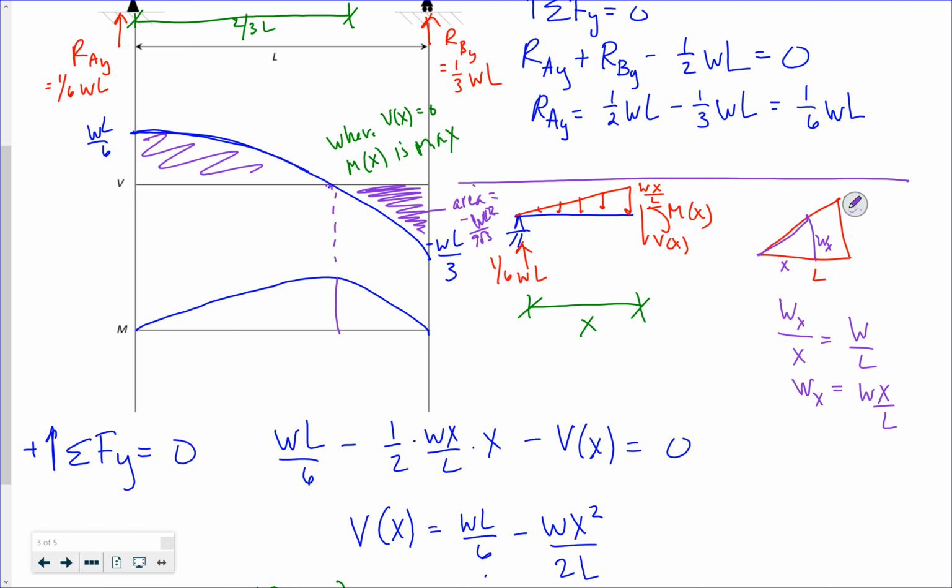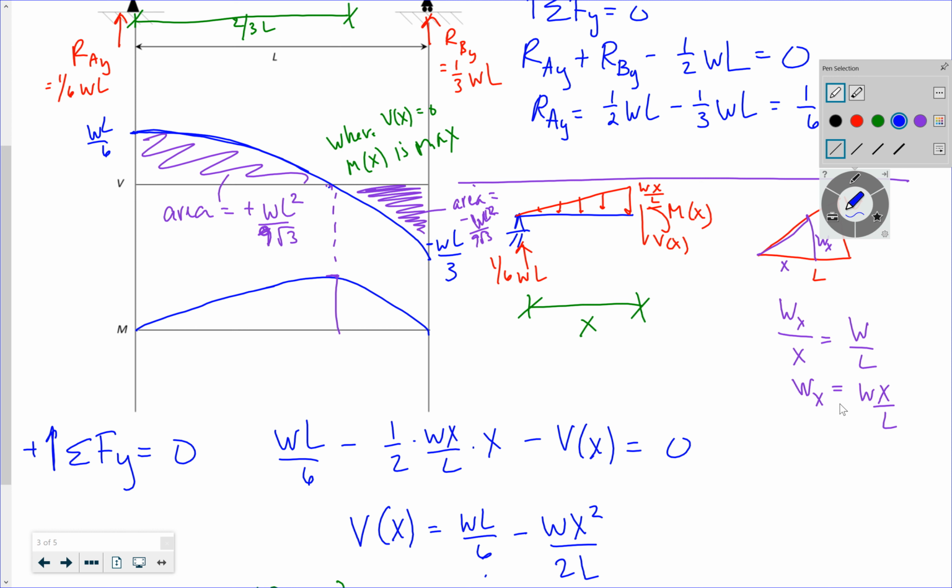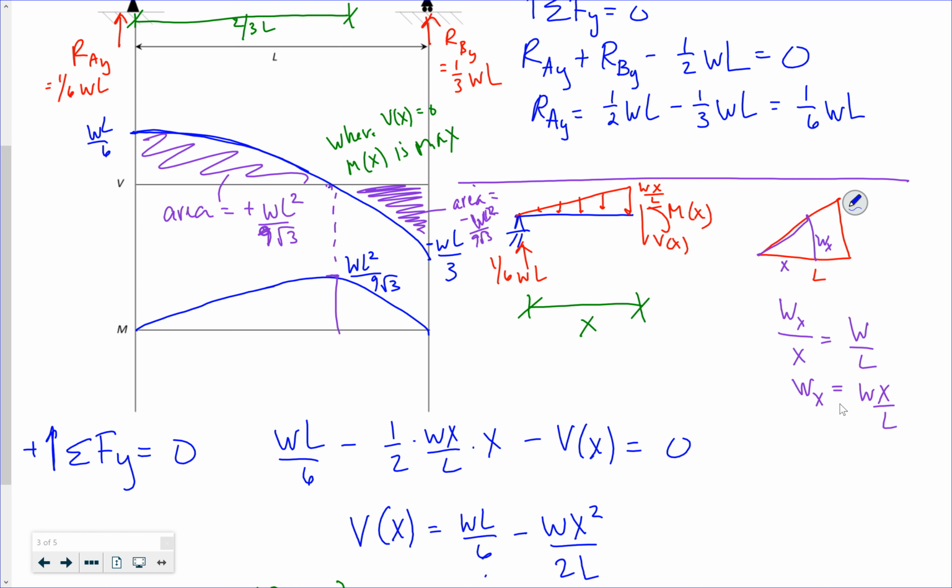Similarly, the area under here should equal positive WL squared over 9 square root 3. Right, because that's the difference between 0 and this maximum, which is WL squared over 9 square root 3. Again, 0 moments on either side because it's a roller and a pin.